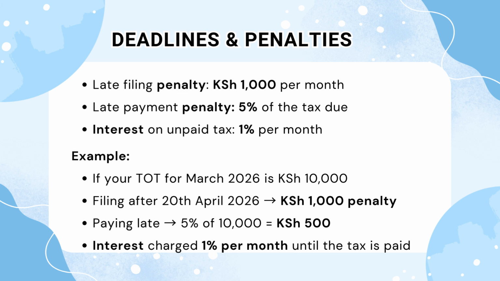So if you owe 10,000 shillings, you will pay 100 shillings extra as interest for each month that tax remains unpaid. So to avoid extra charges, always file and pay by 20th of every month. Filing and paying early keeps your business compliant and saves you money.